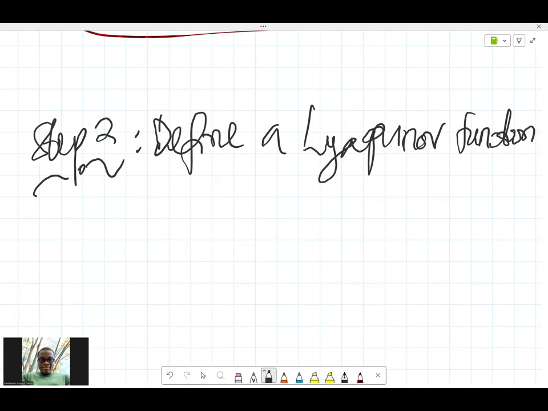To define a Lyapunov function, we have a popular expression called the Gibbs energy function. We can use that for the Lyapunov function, so we talk about a deviation from the critical point, and we see how it comes back to the same point at the end of the day.